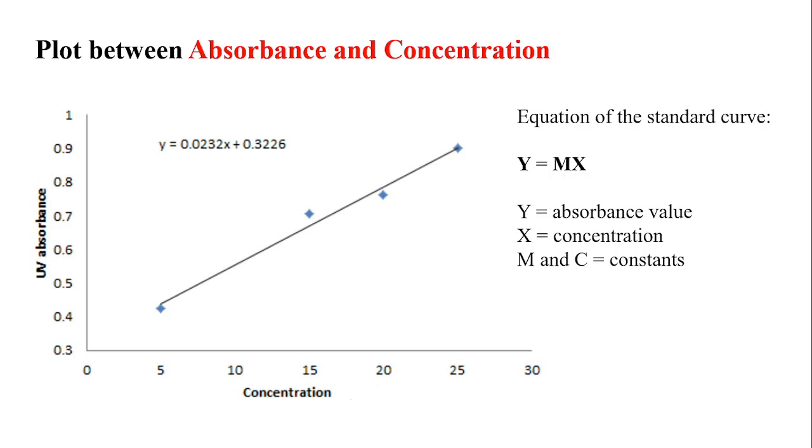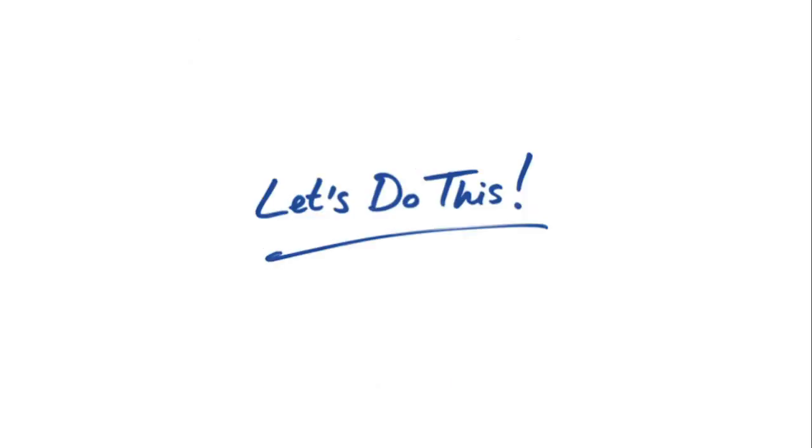After plotting the standard graph, every group will be given a known concentration, and using this standard graph, each group will be calculating the concentration of the unknown sample that will be given to them. Thank you so much.